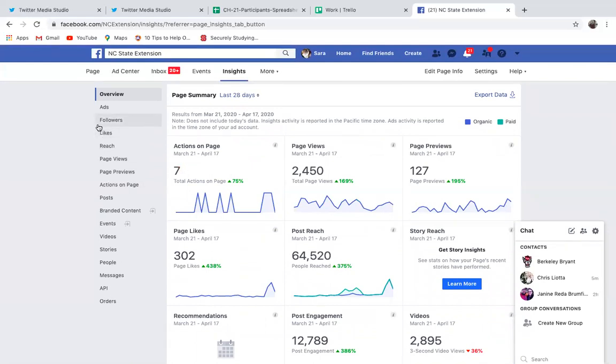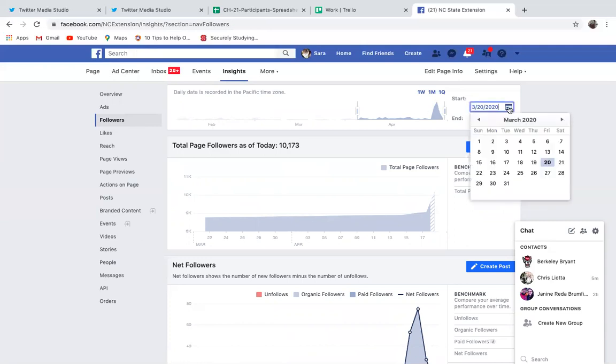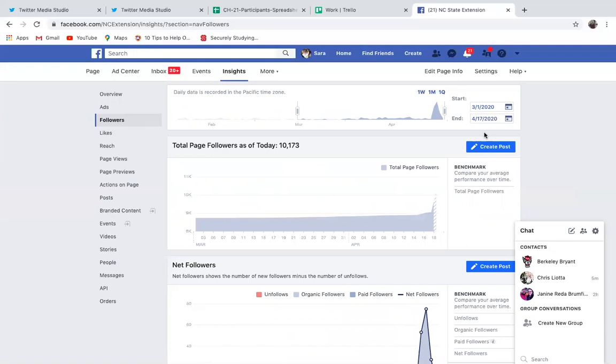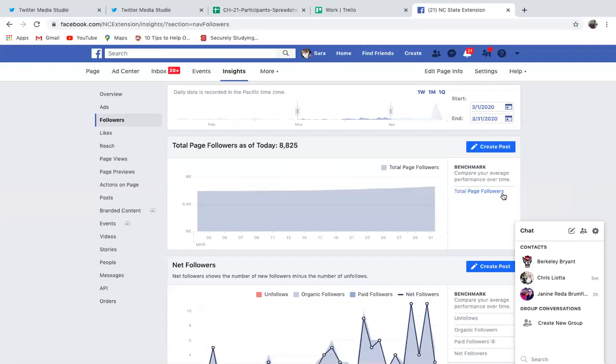The next thing I would look at would be specifically going into followers. So on overview, it kind of gave you the percent increase in the number, but here you can really customize it. So say I wanted to look at last month, which would be from March 1st to March 31st.